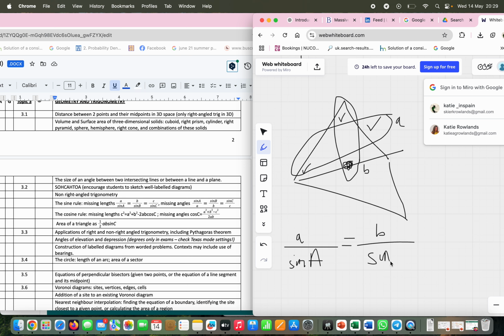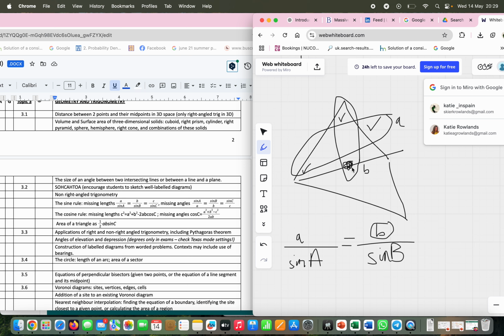And actually, stereotypically, I would label the side we want as a. So you could actually switch these two pairs round so they're labelled differently. And then obviously you want to find out what lowercase b is, or the missing side. So to find the missing side, you just do sine of capital B, close the bracket, times a, divided by sine of A. Remember, when you're doing this on the calculator, do it in little steps so that you're not making a mistake.